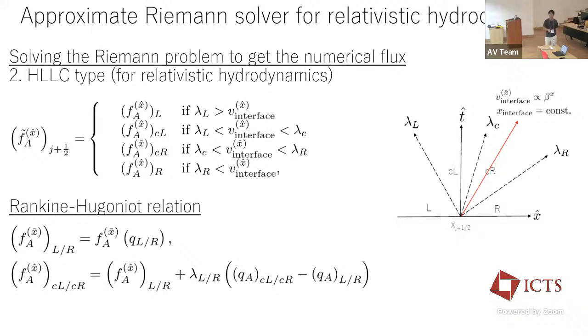This is nothing but the Rankine-Hugoniot relation. For the CR state, the thing is similar. You connect from the right state by the jump across this right propagating wave, then you can finally get this expression.